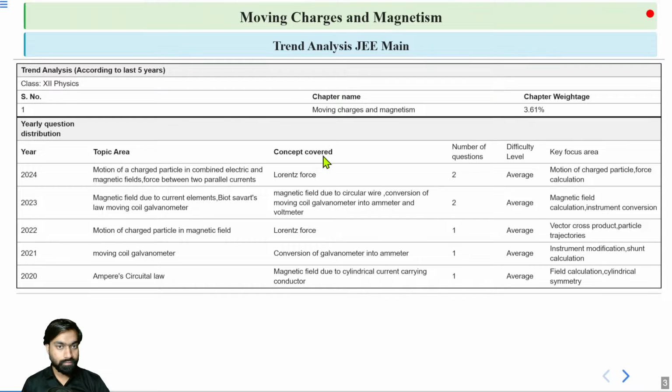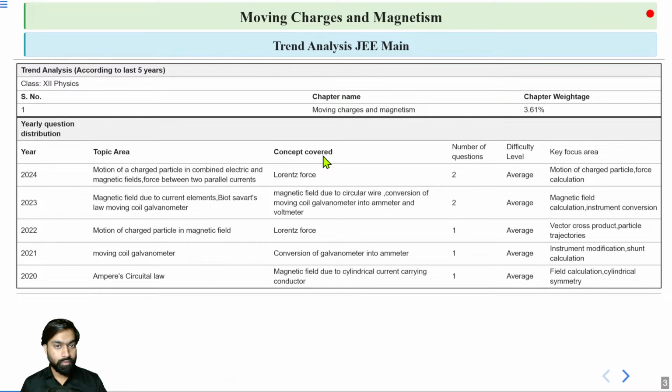In 2023 questions were asked on magnetic field due to a circular wire and conversion of moving coil galvanometer into ammeter and voltmeter. Total number of questions 2, and the difficulty level was average.